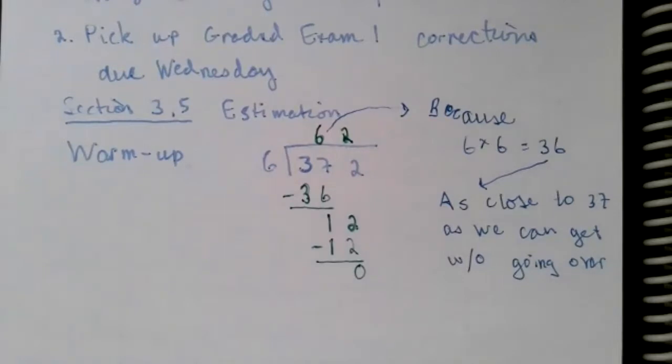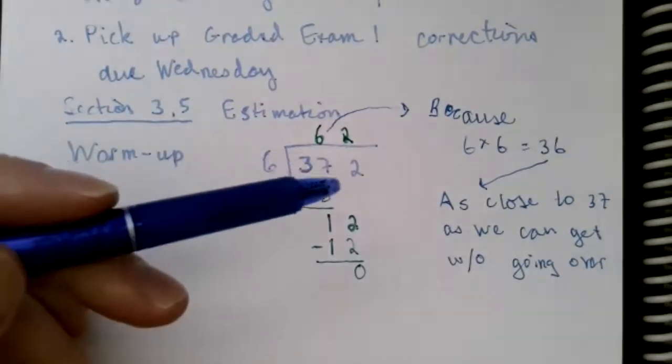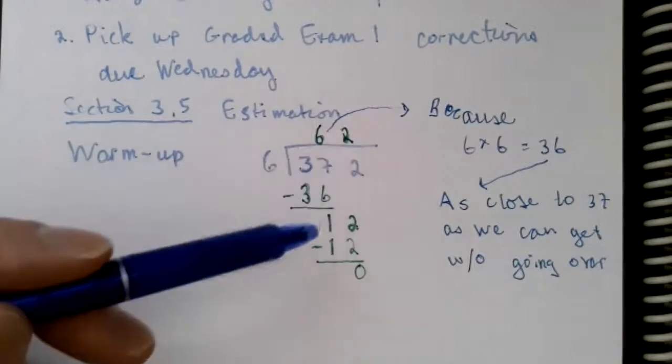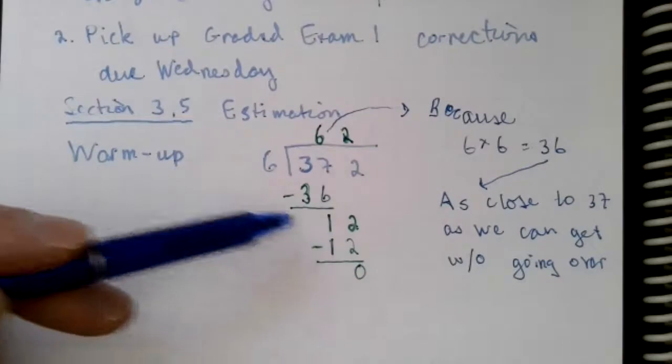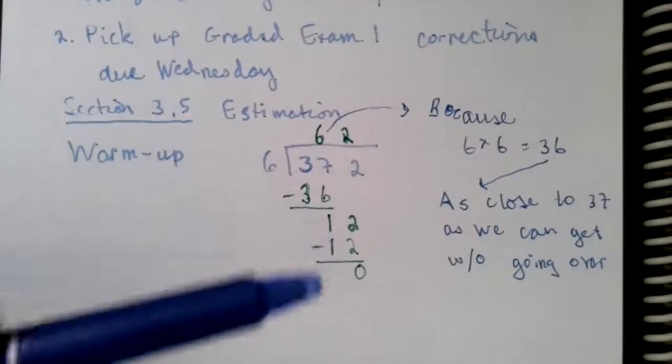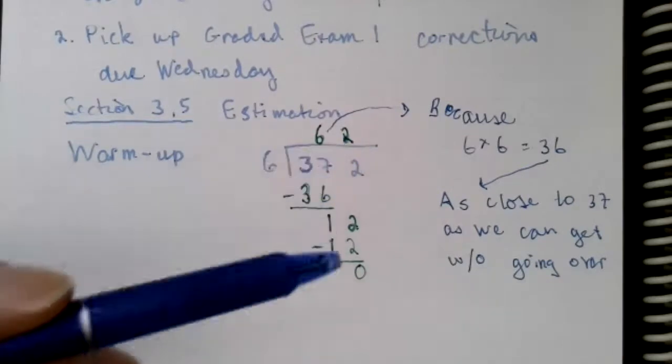Okay. And then over here, the 2, of course, is because now we're looking down here, we're looking at this 12. We're thinking, okay, what can I multiply 6 by to get 12? And that's 2.